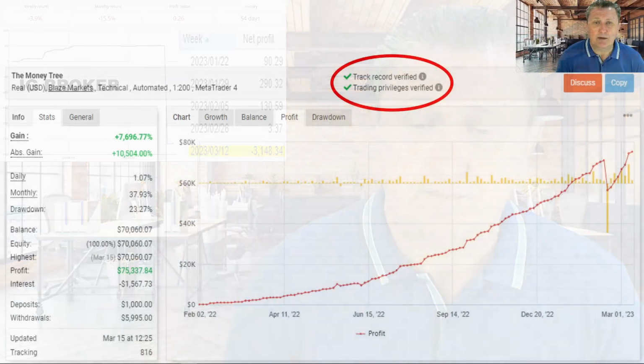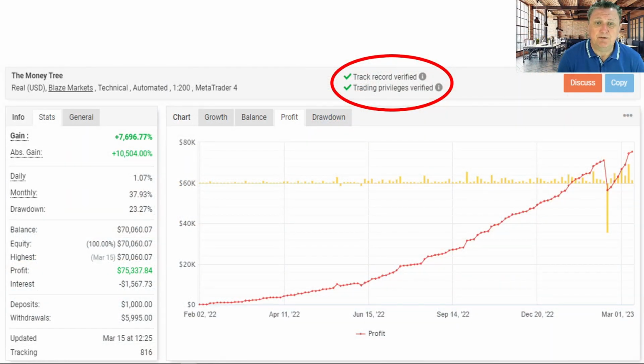We're going to come back to that a bit later in the video, but first we're going to have a look at how the Leapfx broker did, because they also have a certified site. When we look at the Leapfx certified site here, we can see the track records are verified, and trading privileges are also verified. They had a bit of a drawdown here, more than a drawdown actually.